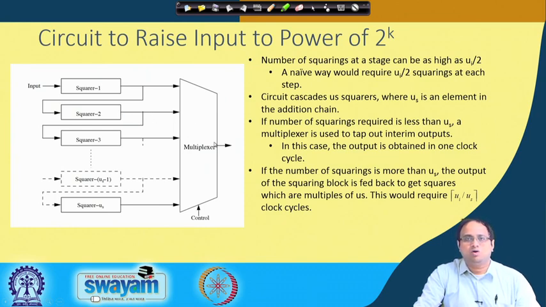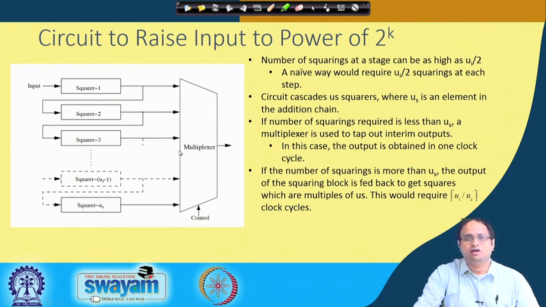On the other hand, if the number of squarings is more than US, then you have to feed this result back, and you have to do a ceiling of the number of squarings divided by US cycles. So, you have to keep on applying this one after the other, and you get the corresponding result.